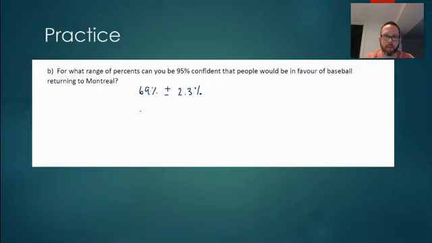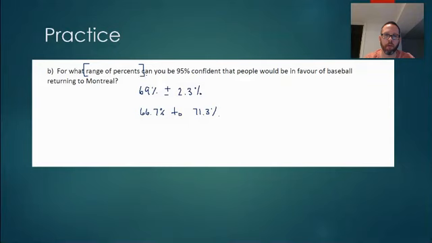And so that gives you the interval 66.7% to 71.3%. So that's the range of percentages.